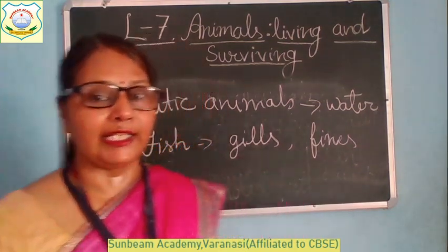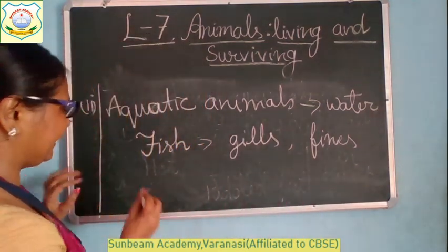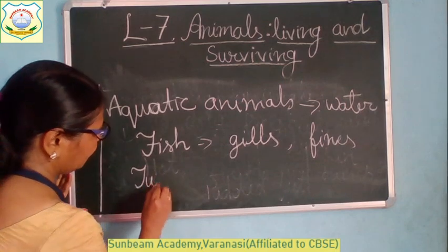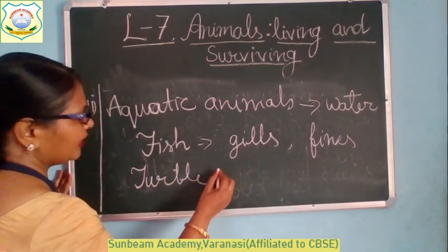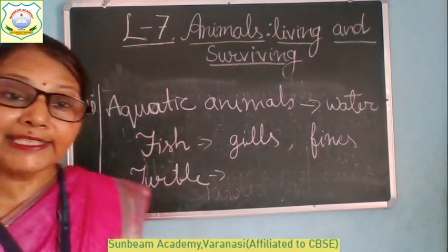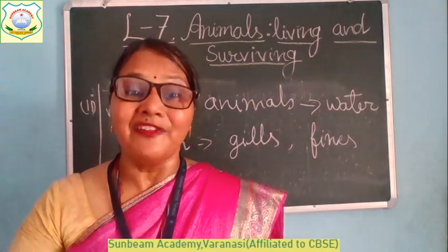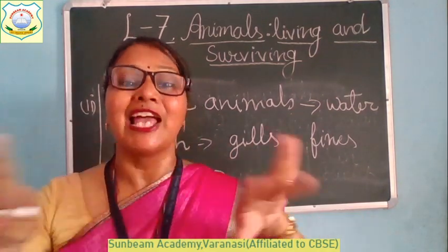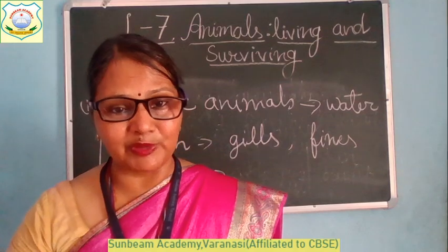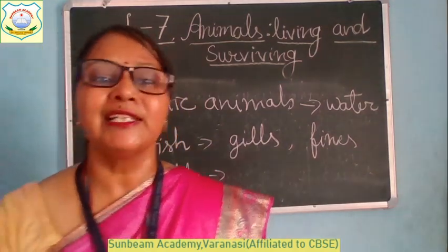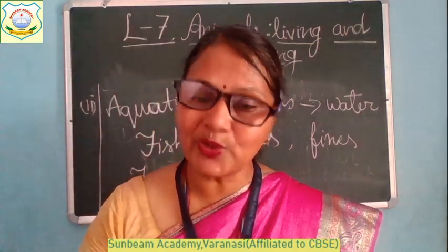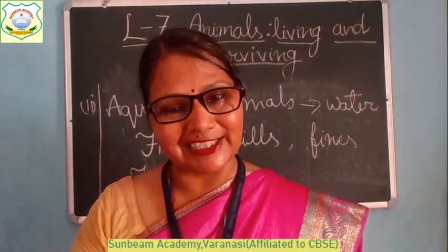These are called aquatic animals. And there is the turtle. Turtle is also an aquatic animal. How can it survive? It has flipper-like structures. What is the use of flippers? Flippers help them to swim in water.